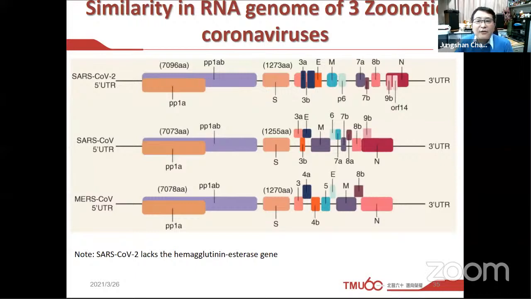For example, the RNA-dependent RNA polymerase has a little bit of a difference from MERS. Okay, the MERS spike protein there.